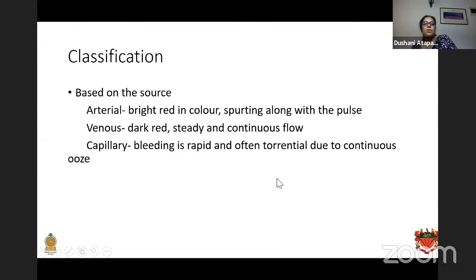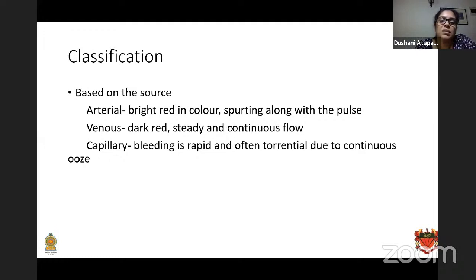Okay, so for our convenience, we'll classify the different ways of bleeding. If it is based on the source of bleeding, it could be arterial, venous, or capillary.